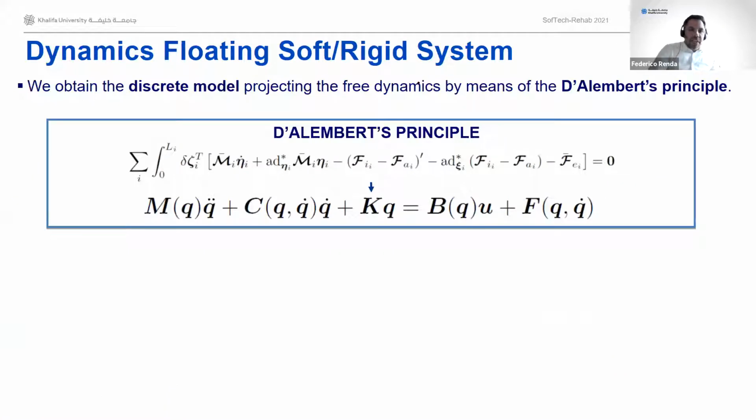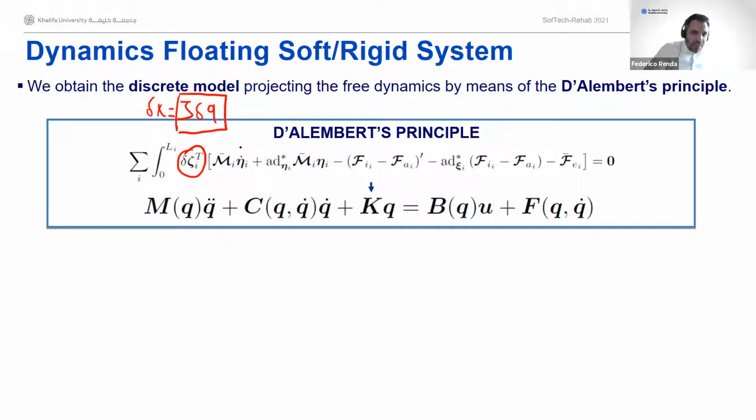Now that we have the free dynamics and we have a Jacobian that parameterizes the allowed motion of the system, we can use the D'Alembert principle to project the free dynamics onto the allowed dynamics. Those bodies are not free to move any way they like. They are constrained by our joints and by, for instance, constraints that we can make on the soft link. It can be only a rotational link, can be only springs, whatever.